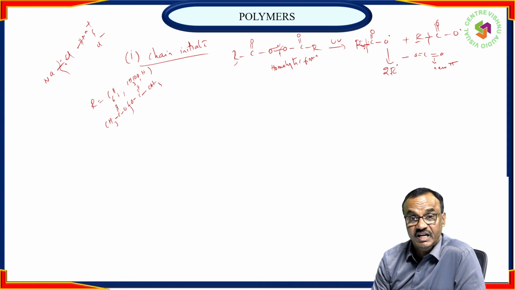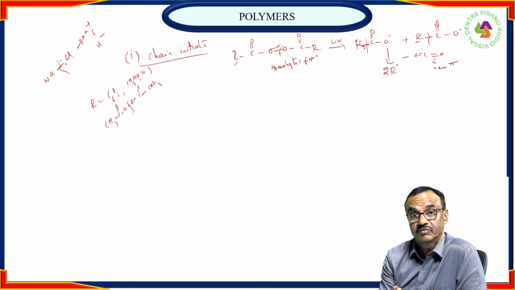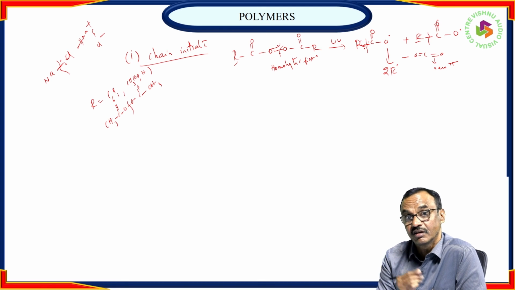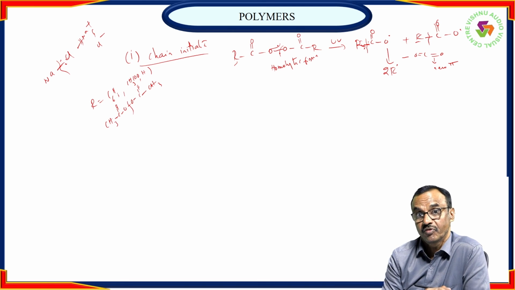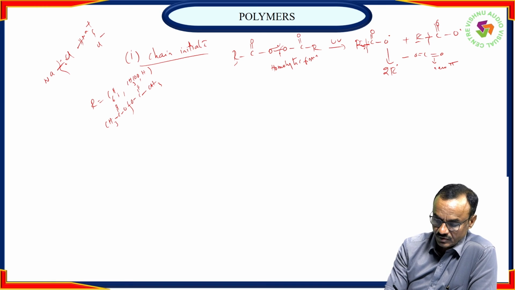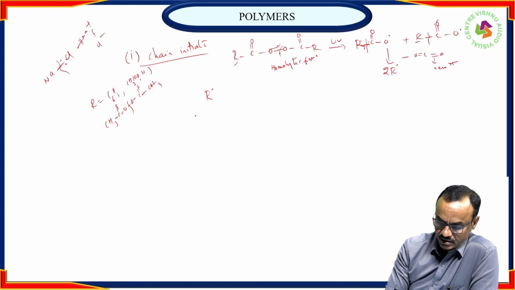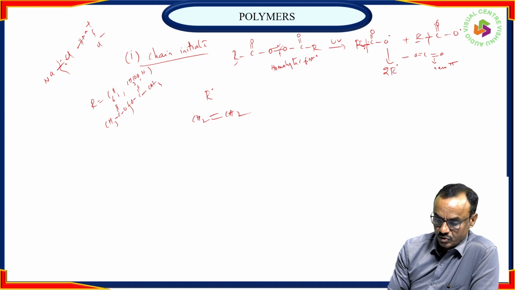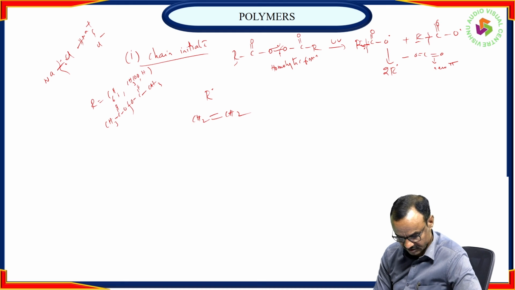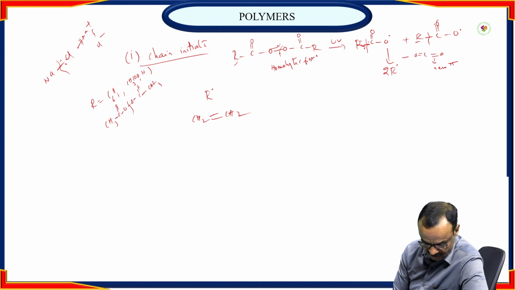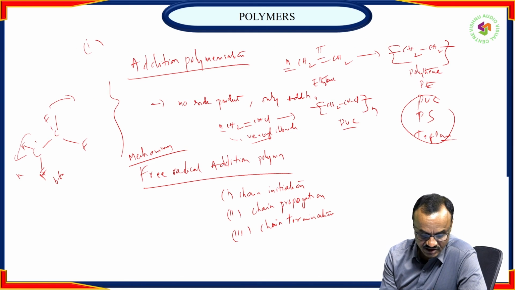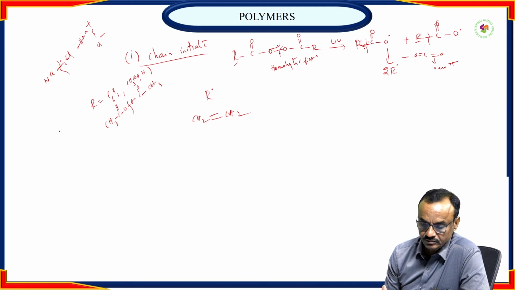Once the free radical is formed, it will attack n number of monomers. R attacks CH2. Just now we discussed just above room temperature how they exist, as I mentioned in the previous example, lone electron like this.